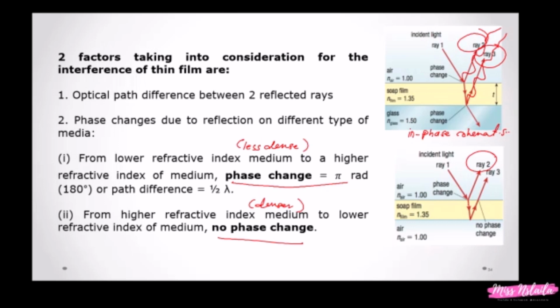Then the refracted ray that enters the soap film will be reflected to produce ray 3, and there will be no phase change, because this reflected ray 3 is from soap film to air, from a denser to a less dense medium. If one of these reflected rays has no phase change, these two sources we call anti-phase coherent sources.